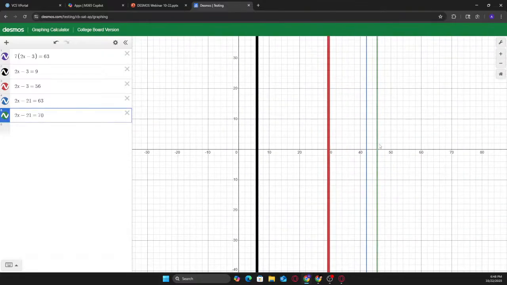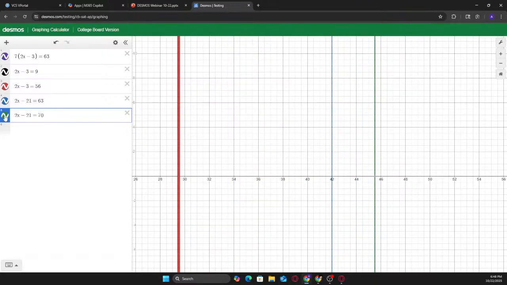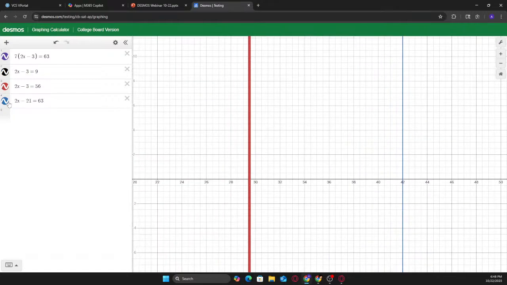Alright, so we have 4 lines. Now here's the thing. We typed out 5 cases. So where's the last line? Well, the last line is actually going to be behind one of these. So you're just going to have to look at each one. We're looking at the green one. There's no other line, so that's not the answer. We're looking at the blue one.